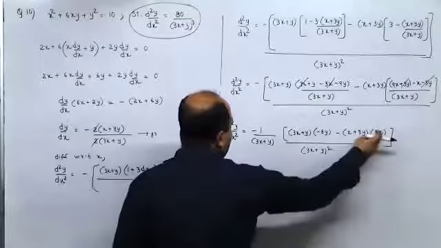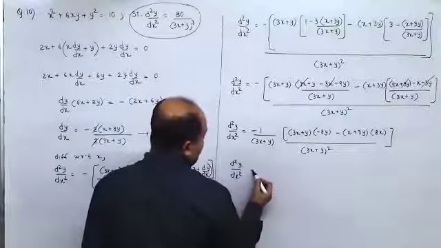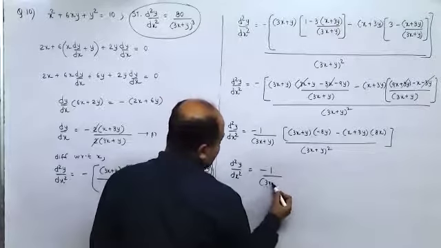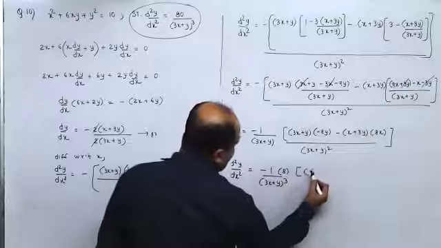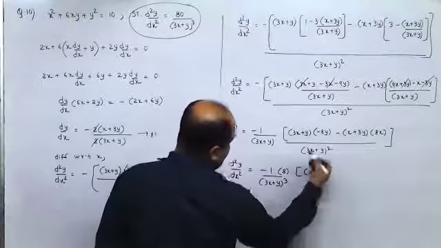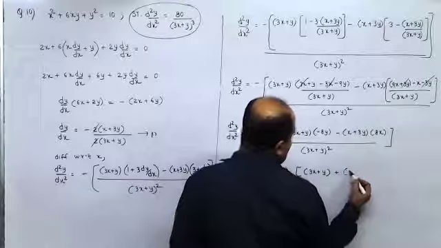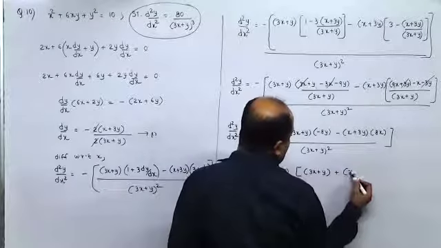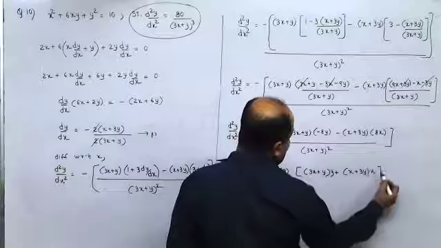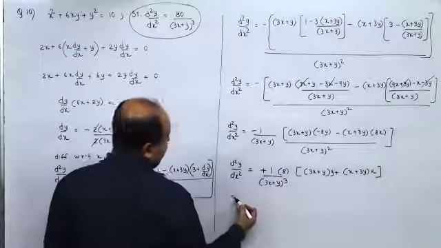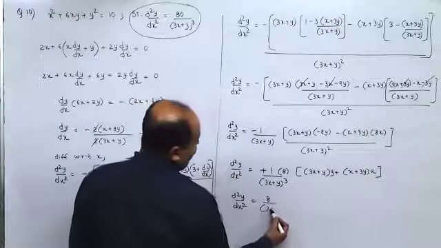Now, if I take 8 common, I'll get d square y by dx square equal to minus 1 upon (3x plus y) the whole cube. In fact, I can take minus 8 common, so (3x plus y) into y, and this would become plus (x plus 3y) into x. So this would give me d square y by dx square equal to 8 upon (3x plus y) the whole cube.